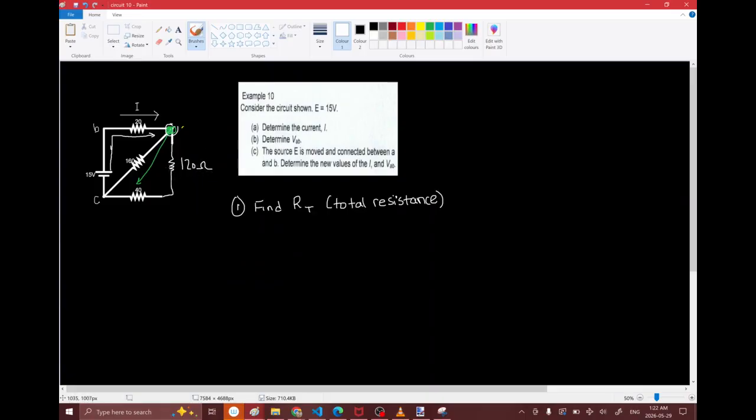Okay. Now we have this 120 ohm resistor in series with this 40 ohm resistor over here. As you can see, any current that leaves this green node has to go through both these resistors. So it has to go through the 120 ohm resistor first, then the 40 ohm resistor. So we're just going to replace both of them with a single resistor.